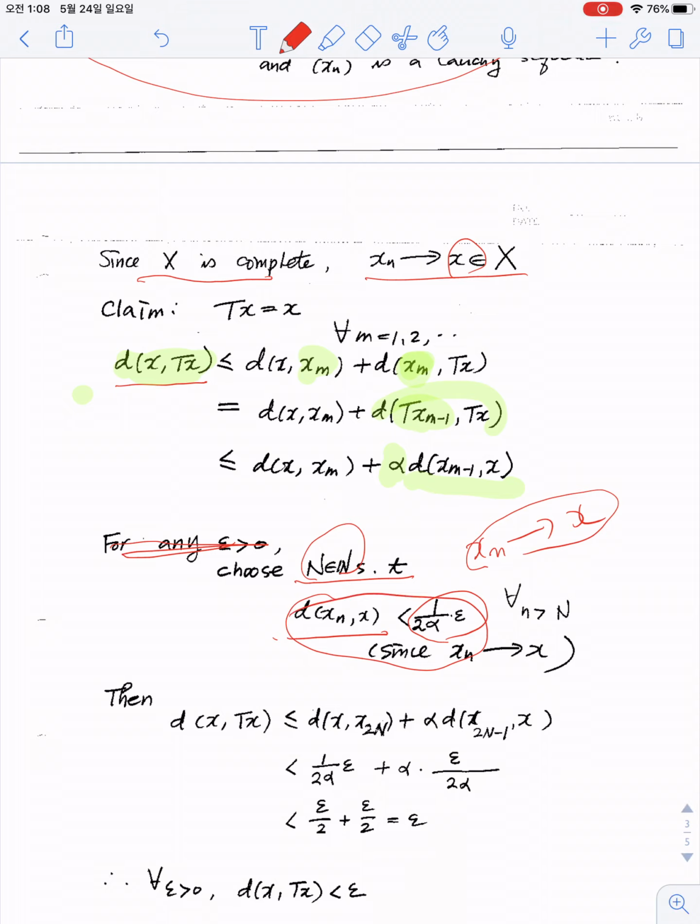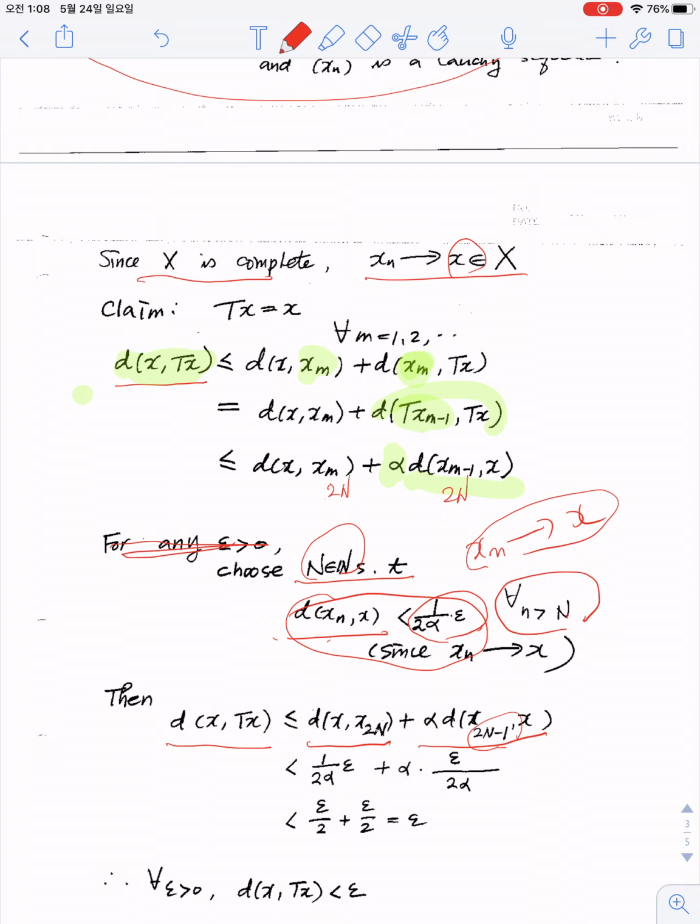Okay, so we apply this one, and finally we have Tx, and I take m to be 2n, so this is 2n minus 1, so I take d(x2n, x) and alpha times d(x2n minus 1, x) here. So for every n greater than capital N, this is less than this guy. So 2n minus 1 is obviously greater than n, right?